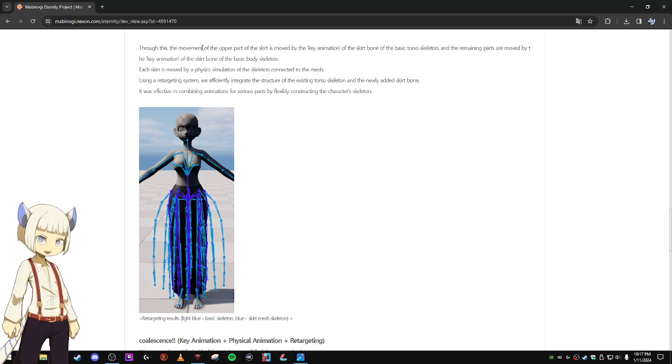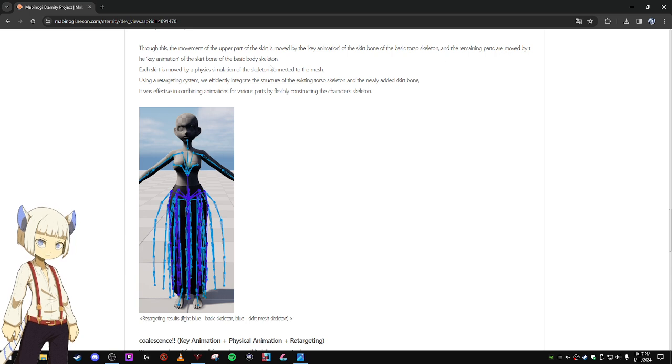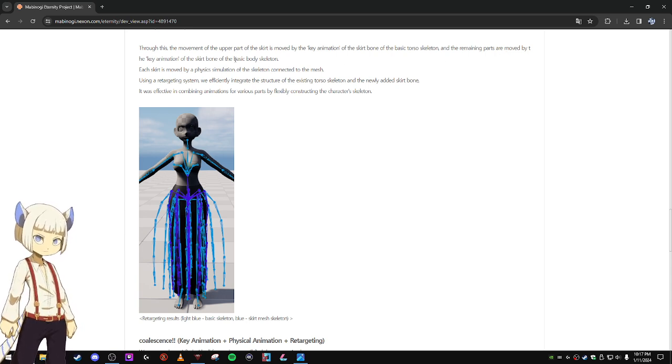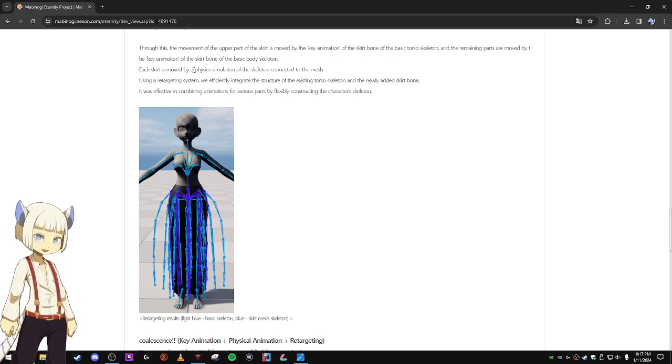Through this, the movement of the upper part of the skirt is moved by the key animation of the skirt bone of the basic torso skeleton, and the remaining parts are moved by physics simulation. Each skirt is moved by a physics simulation of the skeleton connected to the mesh.